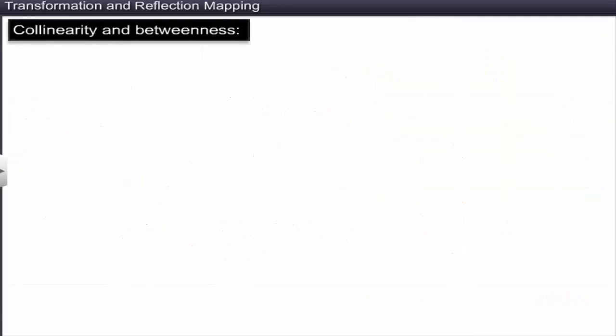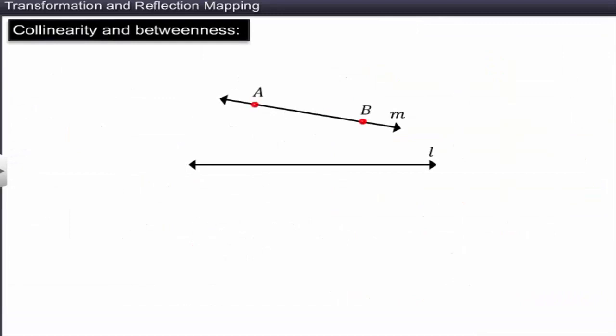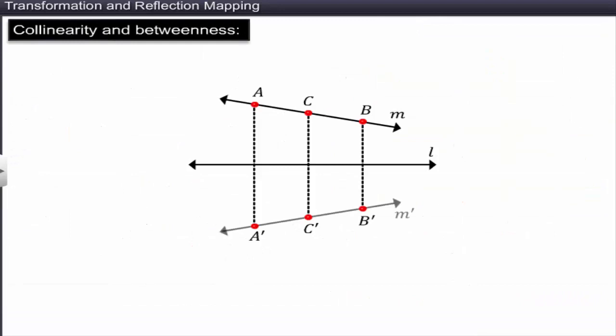Consider two lines, L and M, and three collinear points, A, B, and C, such that C is between A and B. The reflections of points A, C, and B in line L are A', C', and B' respectively. Next, draw a line passing through A', C', and B'.